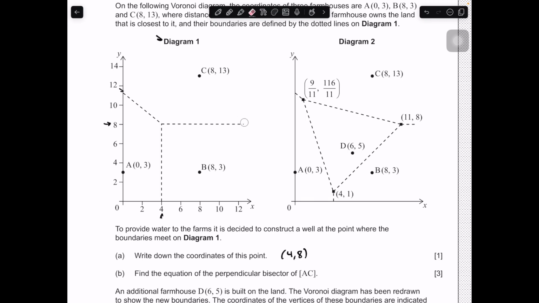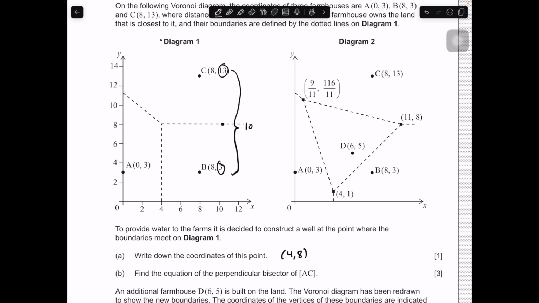How could we be absolutely sure that this is the case? Boundary lines occur at the midpoint between these two. So if this is a y value of 13, and this is a y value of 3 at point B, the distance between here is equal to 10. That means 5 above, 5 below.